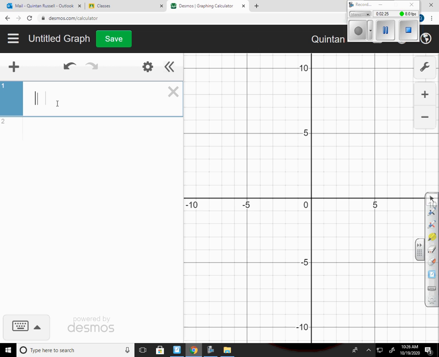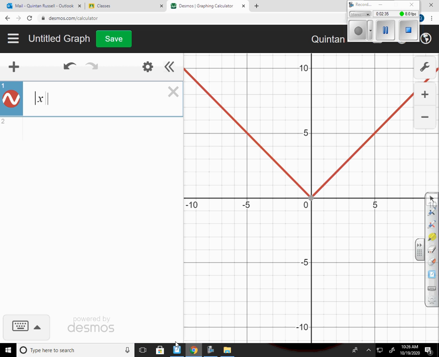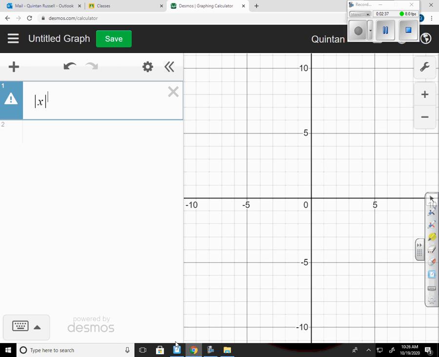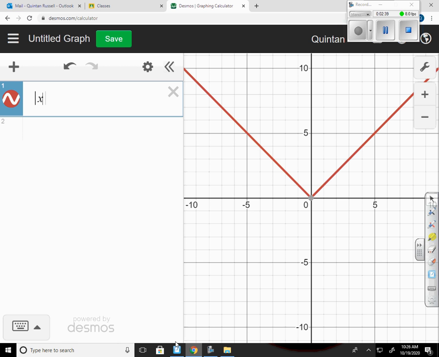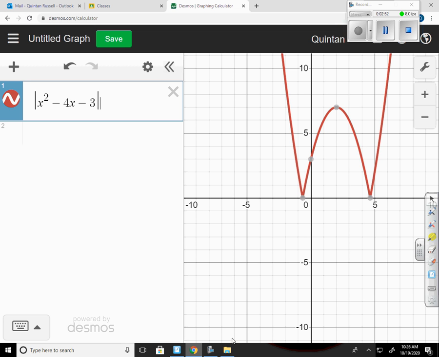It's the backslash key, and that gives me a straight line. And then now I can enter my equation in. X squared minus 4x minus 3. Push shift 6. Then I have to push over, minus 4x minus 3, I believe it was. Shift, and then that enter key again. And that comes up with this graph.